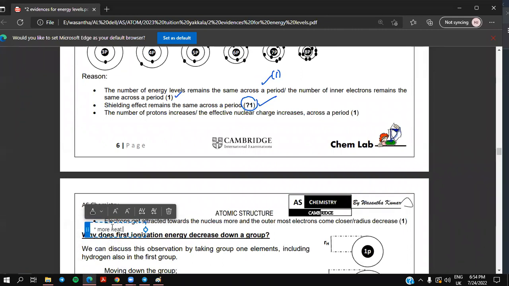More heat energy is needed to remove electrons across the period.